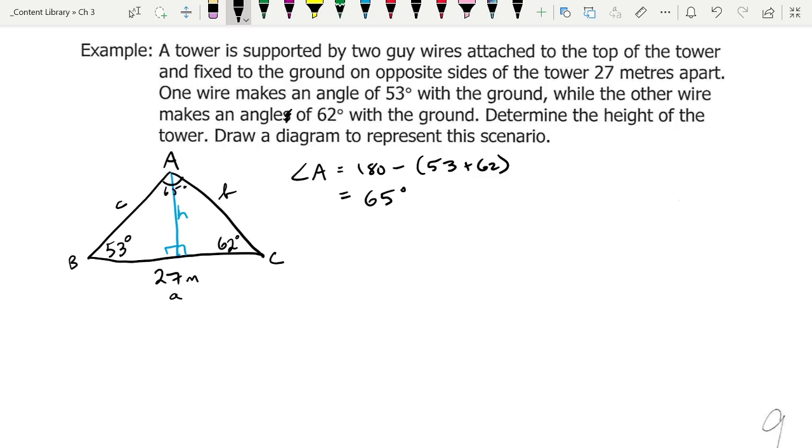Now, I actually have choices here. All I need to solve for the right triangle is an angle and a side. I could have this side here, side C, and solve this triangle for the height. Or I could solve this B and that triangle for the height. It really wouldn't matter which one I picked.